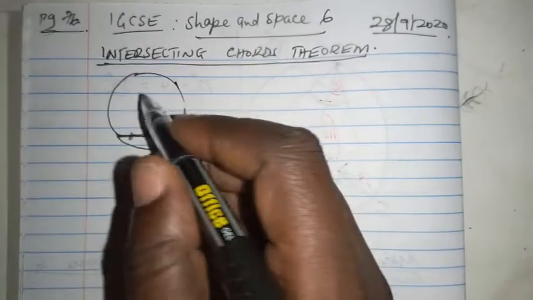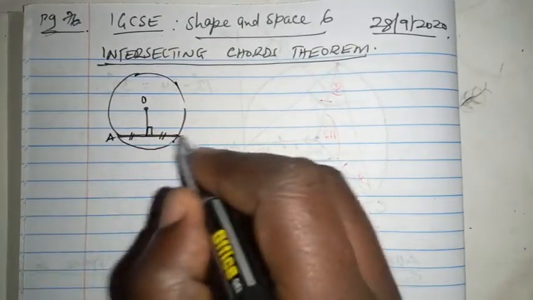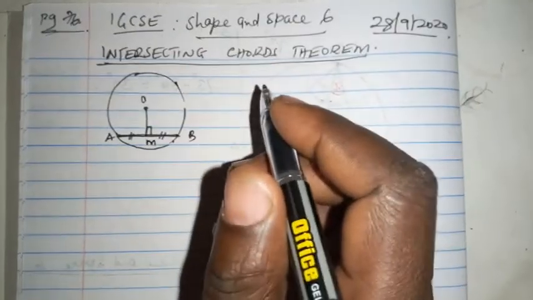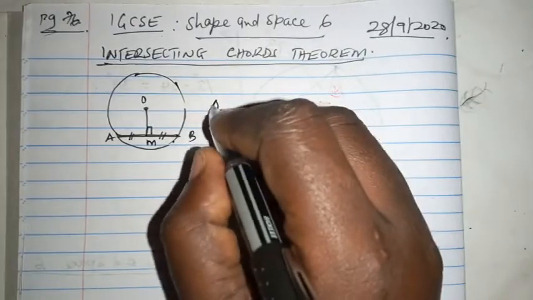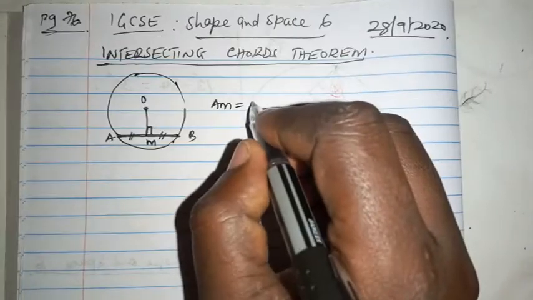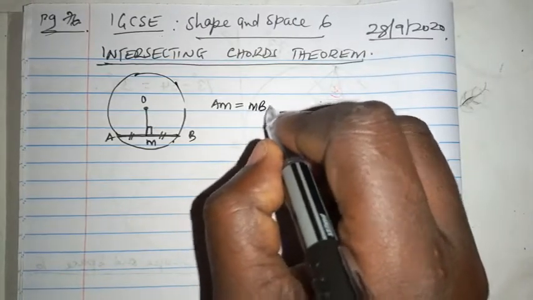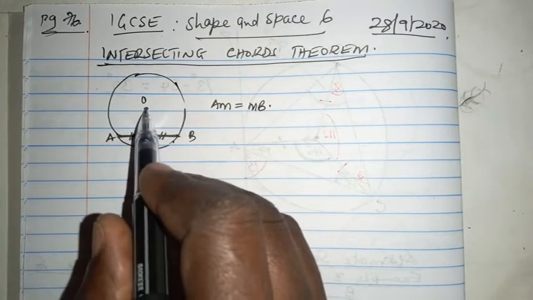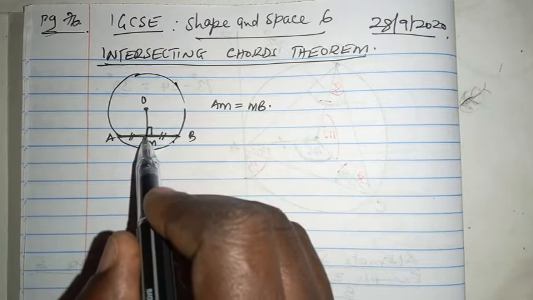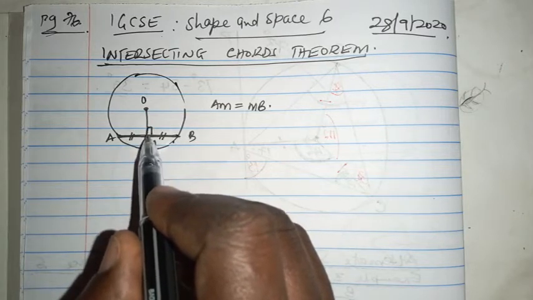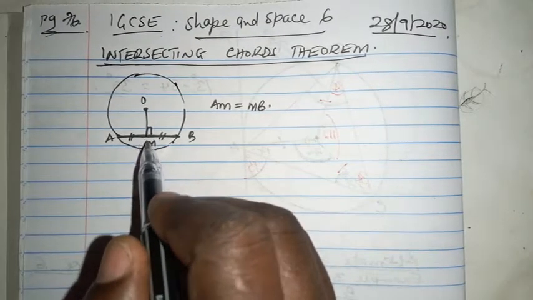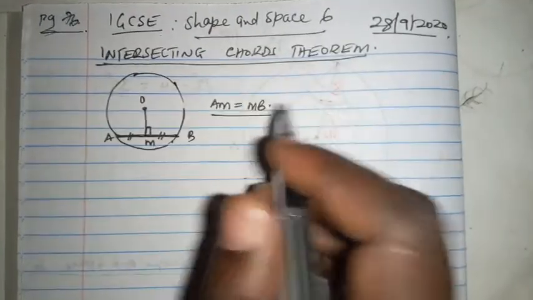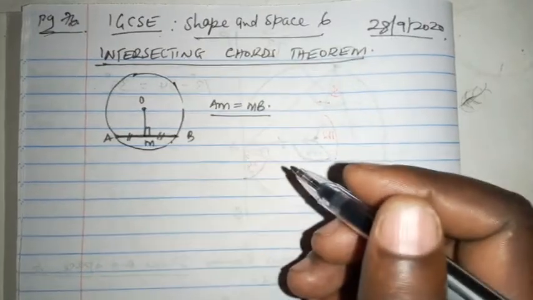So if this is O and this is A and this is B, with M, we are quick to note that AM is equal to MB. Now that this is a chord and this is coming from the center, meeting the chord at right angle, it bisects the chord into two equal portions.